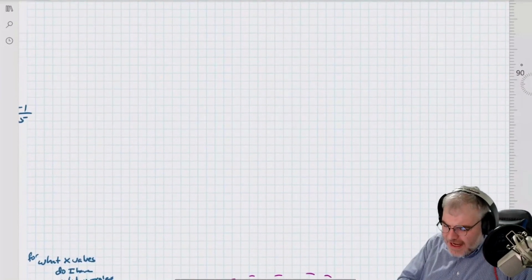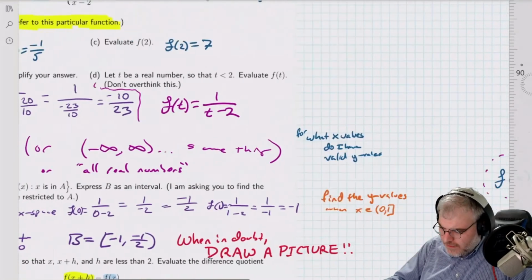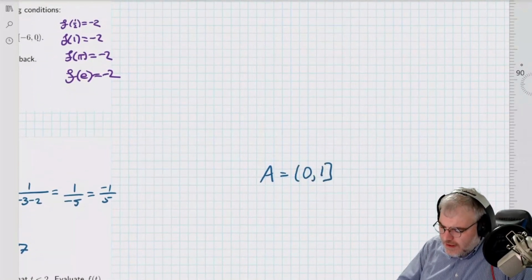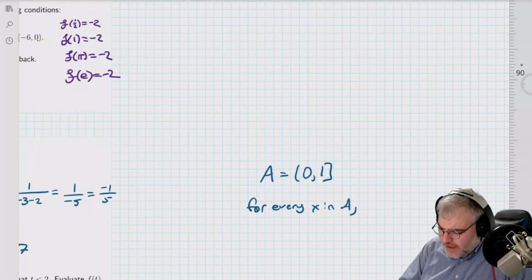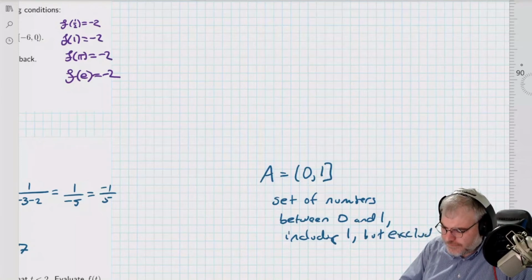That's a good question. So A equals, what was it, 0, 1? Open, close. So this means that for every x in A, this is the set of numbers between 0 and 1, including 1, but excluding 0.